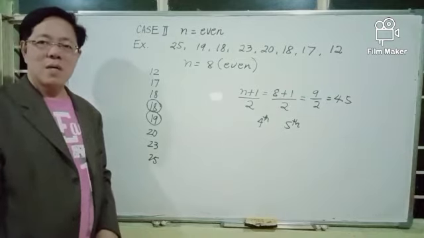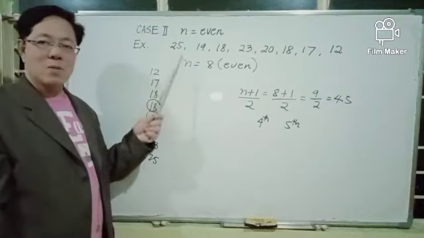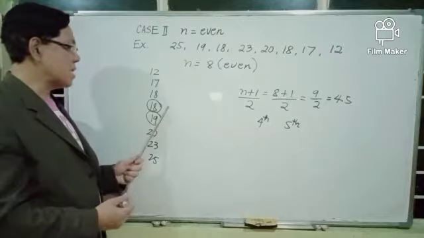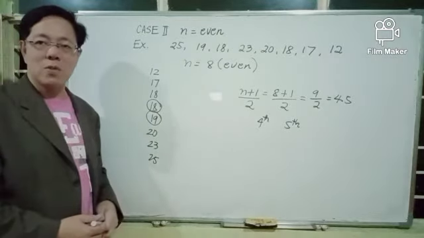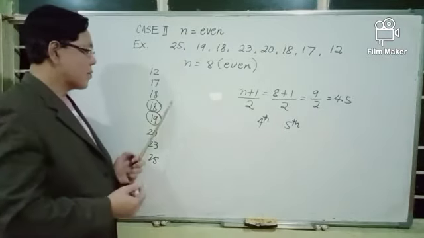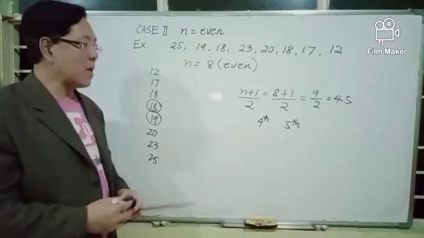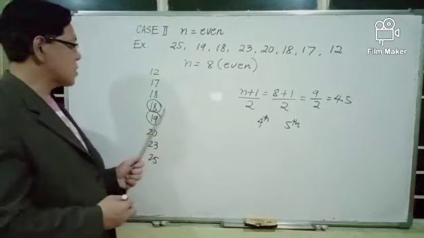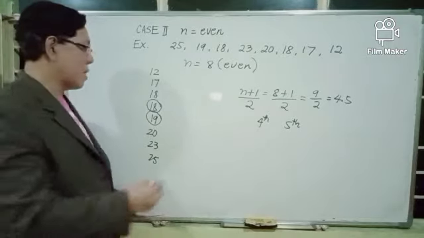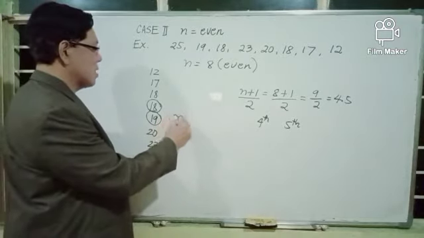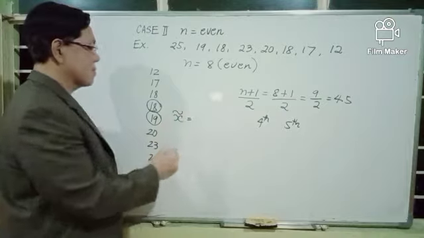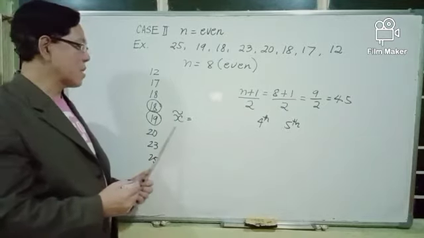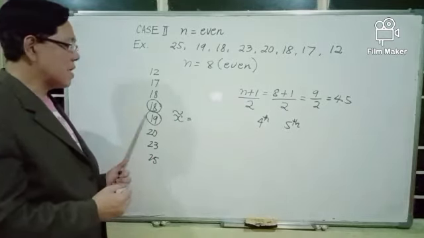Now, for the even number of scores, the median is the mean of these two middle values or middle scores. After you locate the two middle scores by this method, you get the mean of these two middle scores. The median, denoted by this symbol, is the mean of 18 and 19.